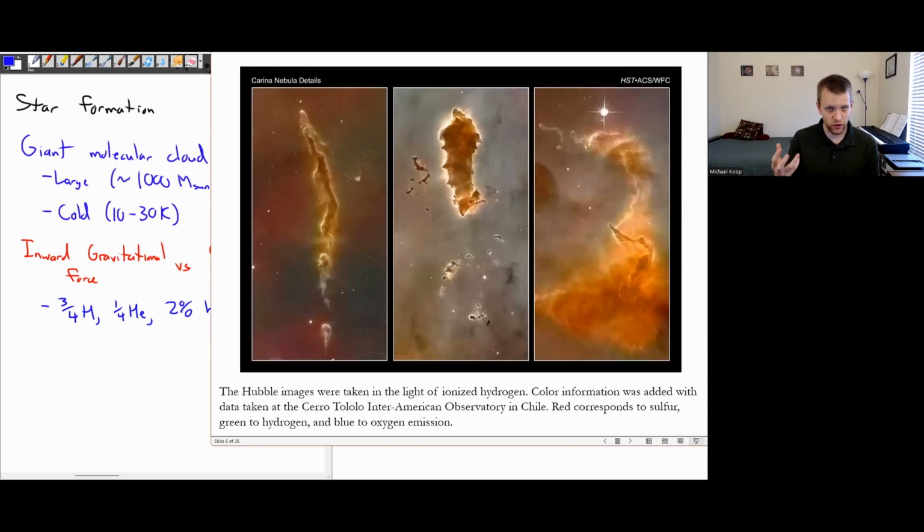We're still trying to understand how these structures work, what effects they have on star formation, what properties they have, how they get these particular structures. So these are Hubble images, specifically looking at ionized hydrogen, and some of the other colors in here are representing different kinds of molecules that show up in these kinds of nebulas.